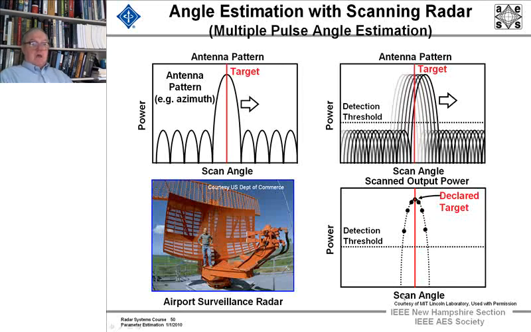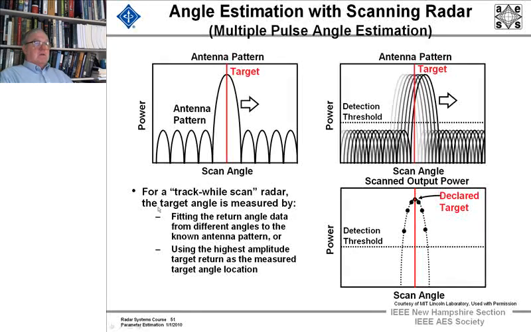So what we've got is an output of a scan angle with detections in a number of different pulses. Typically with these antennas, they have sufficient signal-to-noise ratio. We set a detection threshold down here, and we'll have a bunch of these. And there are a number of different ways that you can measure the angle accuracy within the beam width with a track-while-scan antenna.